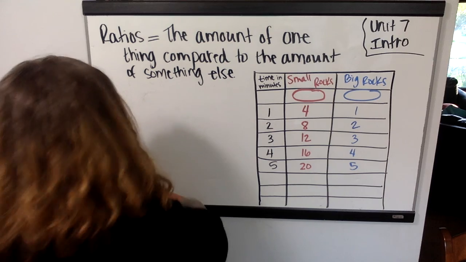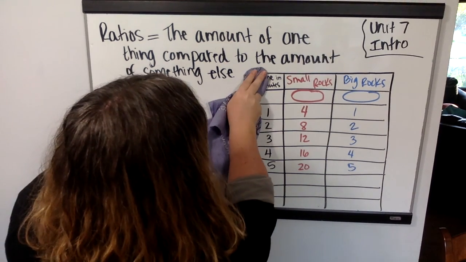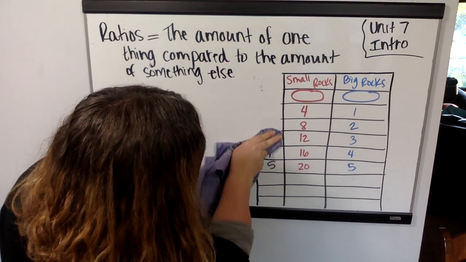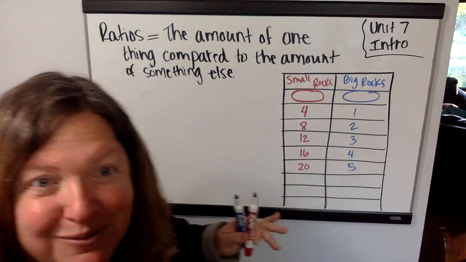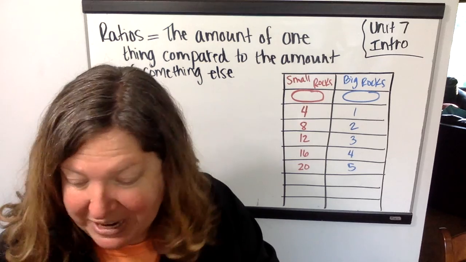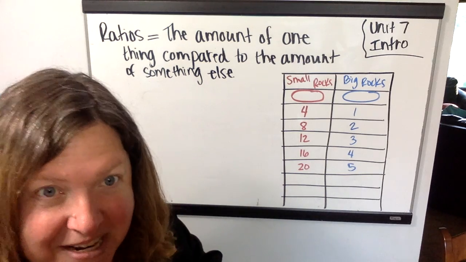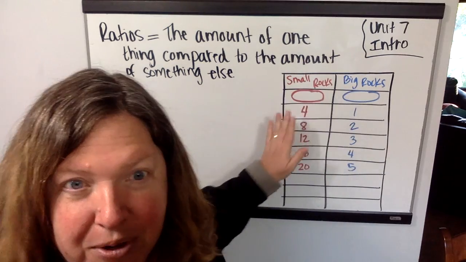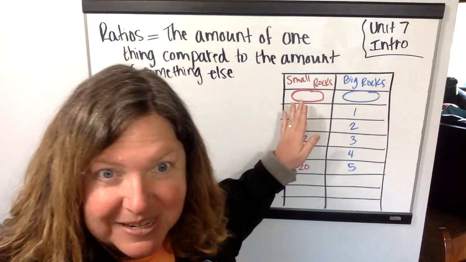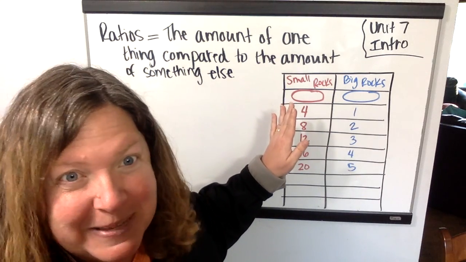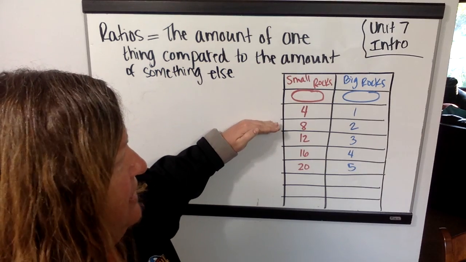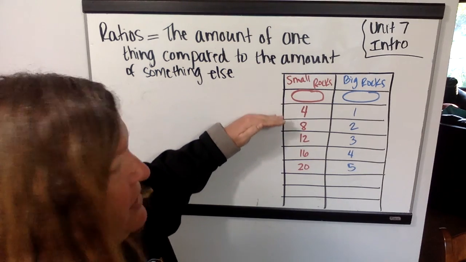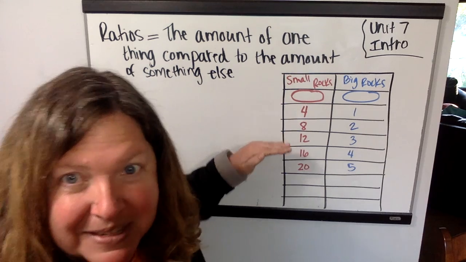So let me go ahead and erase it here, because that very often is invisible in a ratio table. You'll see it in a rate table, but once they put the two or more rate tables together to make a ratio table, it becomes invisible. And you just have to know this is the first minute, the second minute, the third minute, or the first time, the second time, the third time, like that.